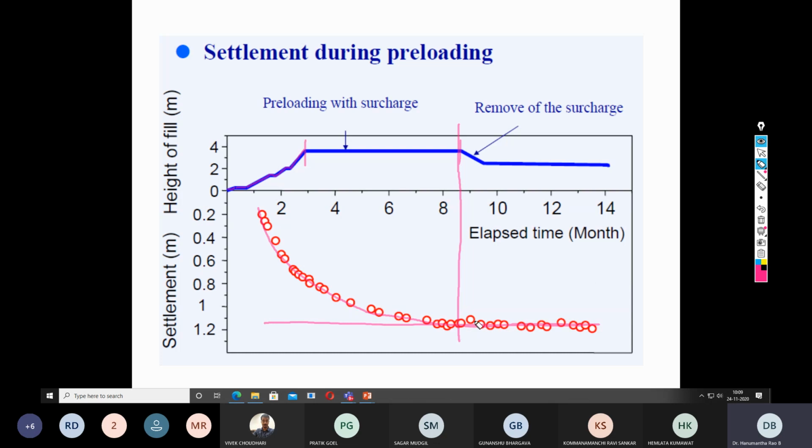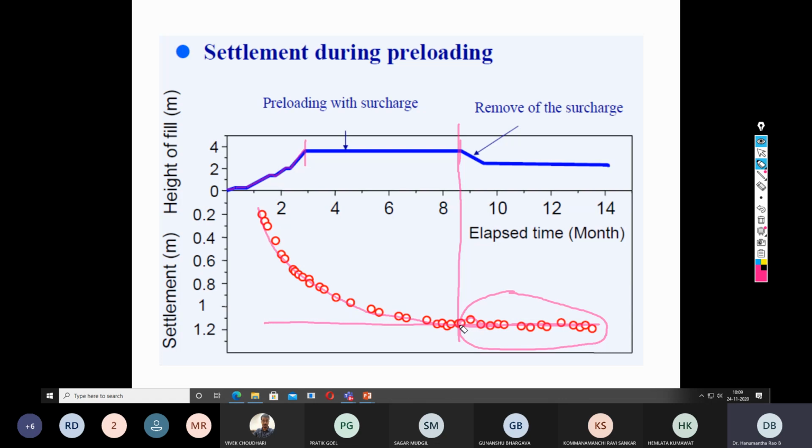As you can see, there was a small rebound, but thereafter it became almost constant. So this needs to be ascertained after removal of the surcharge load.